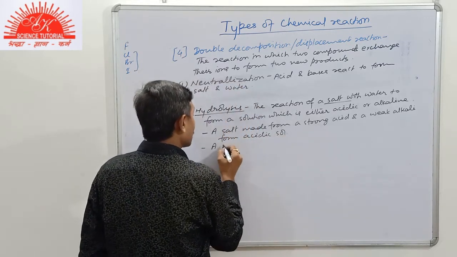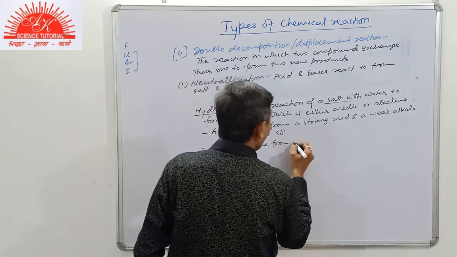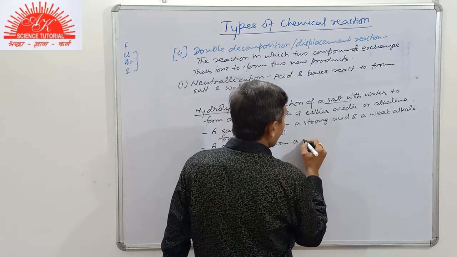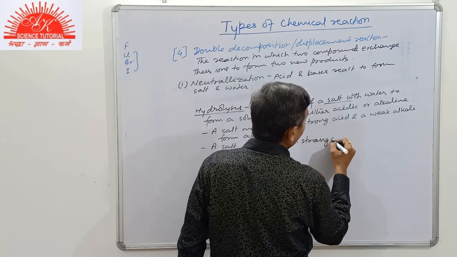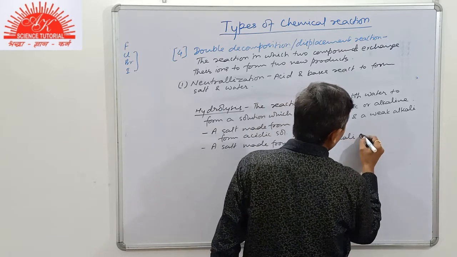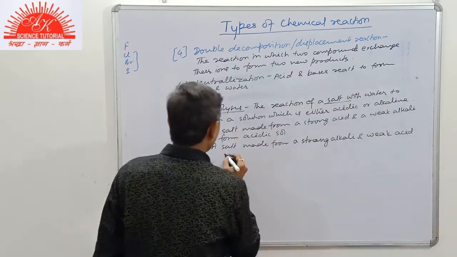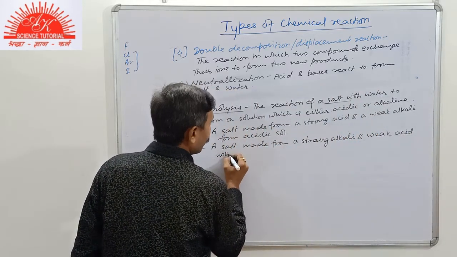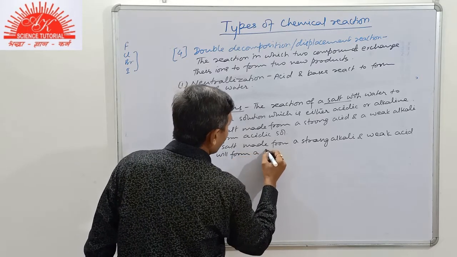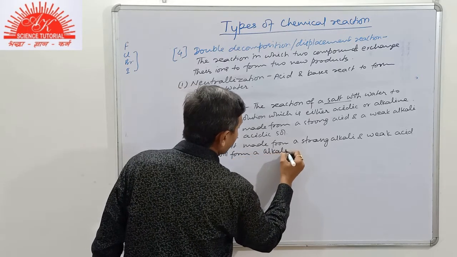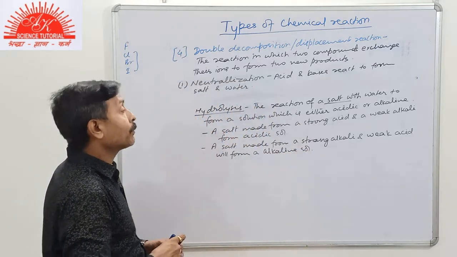And a salt made from a strong alkali and a weak acid will form an alkaline solution or basic solution, and accordingly they will affect the litmus paper.